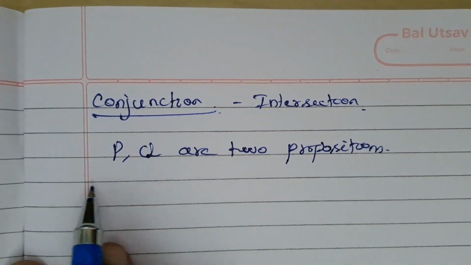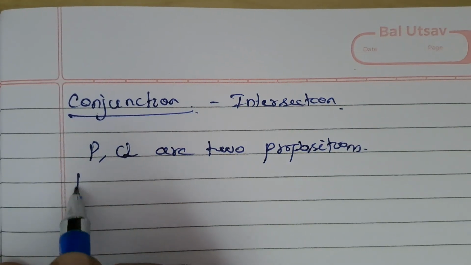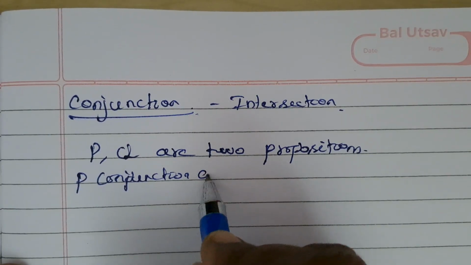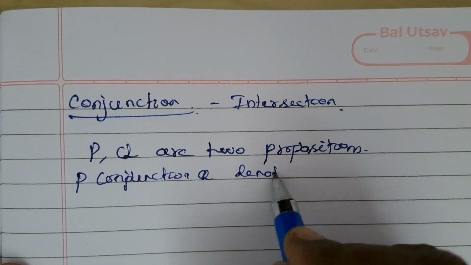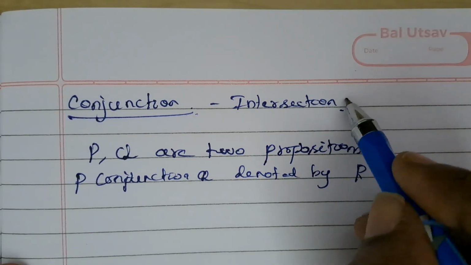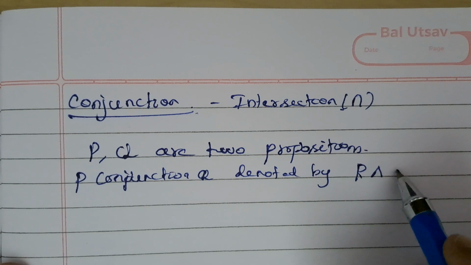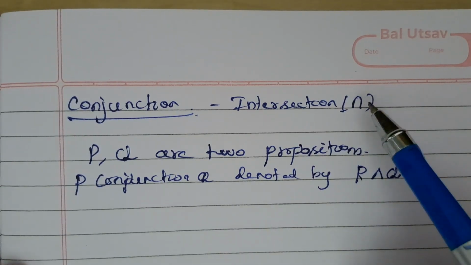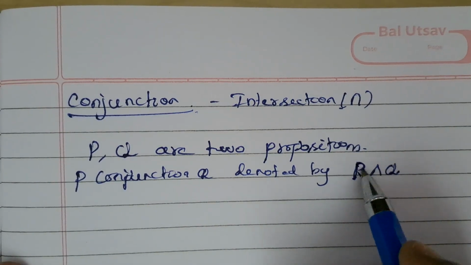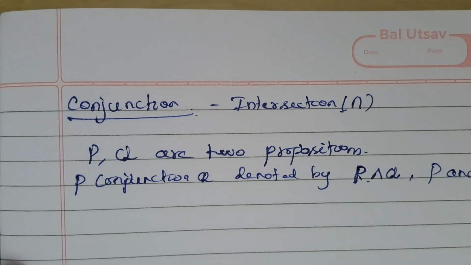We combine P and Q as P conjunction Q, denoted just like intersection. What is the symbol for intersection? Here we have a sharp end, that's all. Same notation with the sharp end. So you can say this is P and Q.